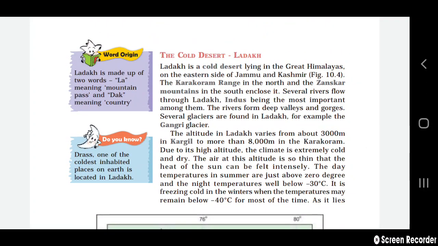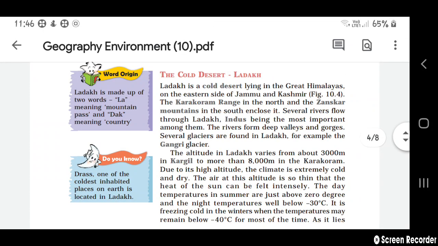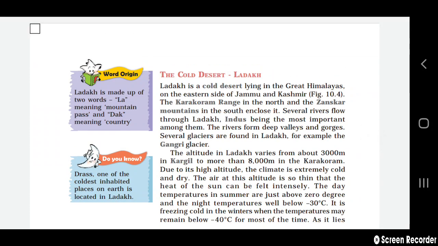The Karakoram range in the north and the Zanskar mountains in the south enclose Ladakh. Several rivers flow from and through Ladakh, the Indus being the most important river among them, and the rivers form deep valleys and gorges.